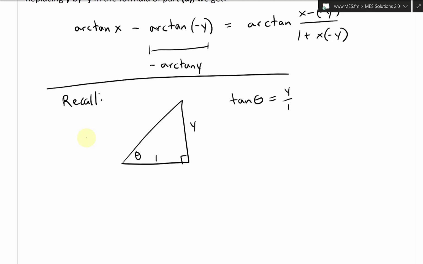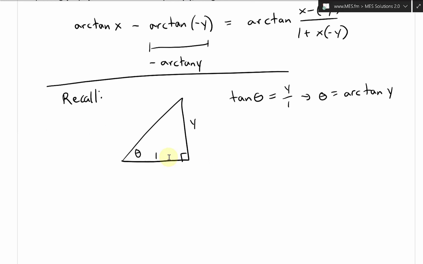Thus theta is going to equal arctan of y. But now if we have the negative y, that means the opposite side is going to be negative. So this would be all the way down. So you have a negative y like that, and this is going to be negative theta, if that's the starting point over there. Yeah, so that's what we have there.